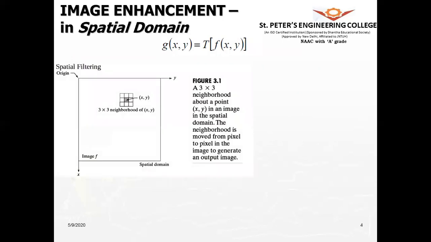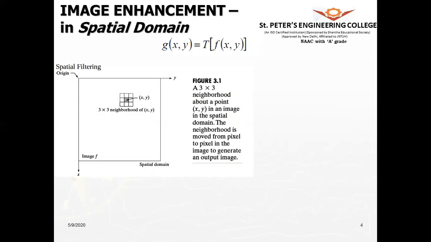Now, if I have an image whose spatial coordinates are x and y, and the origin is the 0,0 coordinate, and if you consider a pixel shown here at the coordinate x,y, which has a 3 by 3 neighborhood, that is called the 3 by 3 neighborhood of the point x,y.